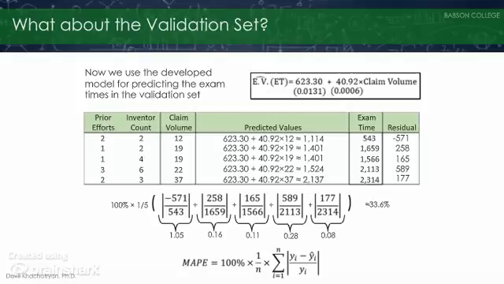As was very briefly indicated earlier this week, a more comprehensive approach exists where instead of just taking one random breakdown of training and validation sets, many such breakdowns are taken, and for each the predictive accuracy of the resulting model is calculated, and at the end those predictive accuracies are somehow combined, for example by averaging, and this provides a more reliable estimate of the predictive accuracy compared to when just one breakdown of training and validation set is chosen. This is the so-called k-fold cross-validation that I indicated earlier.